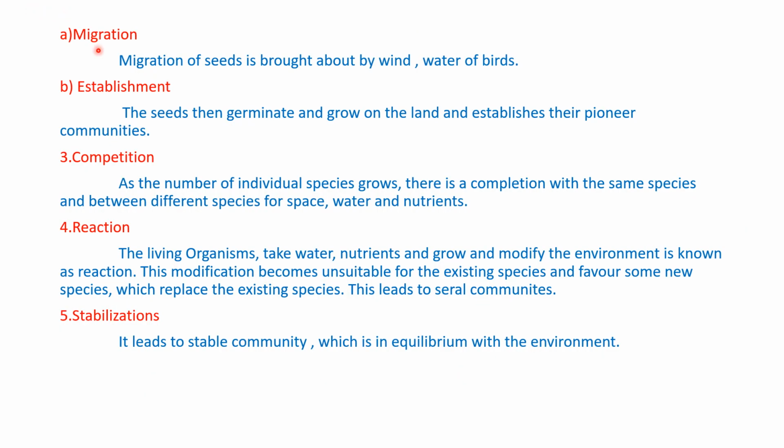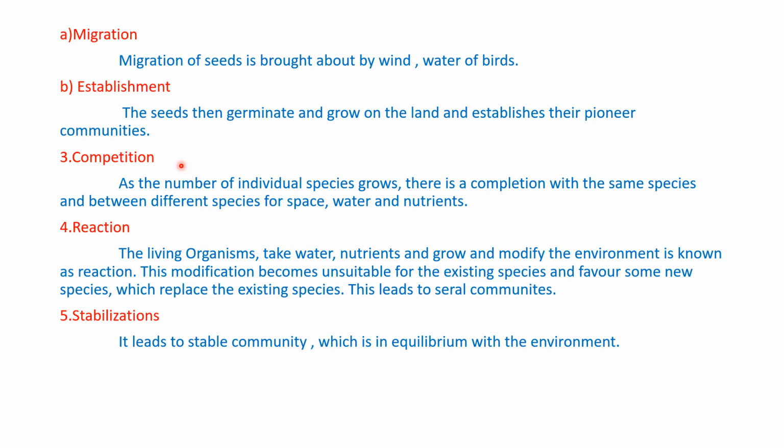The second step is invasion. It is the establishment of one or more species on a bare area through migration followed by establishment. The migration of seeds is brought about by wind, water, birds, animals, human beings, etc. Establishment: the seeds then germinate and grow on the land and establish their pioneer community. So that is the establishment.